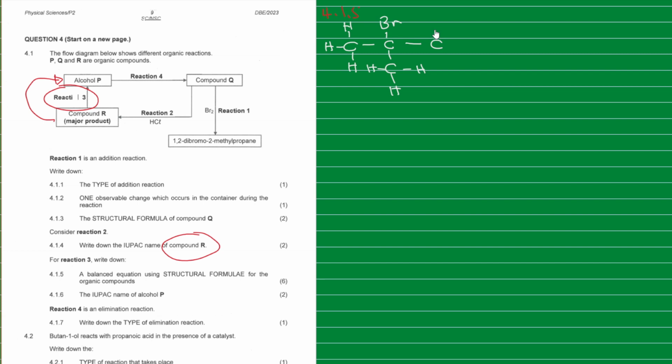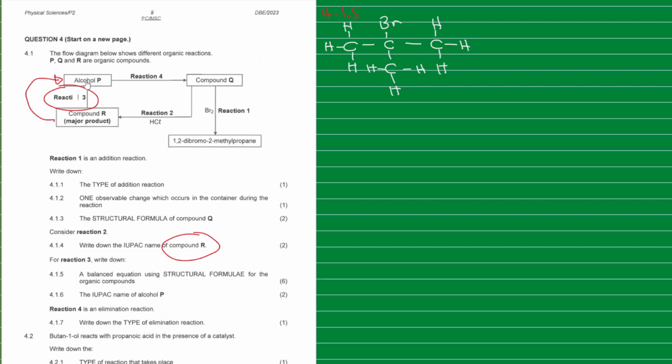Okay, so this is our product R, as we have already determined earlier. So now, for us to get an alcohol, what could have happened here? An alcohol has got a functional group which is an OH, which means there's an OH here.